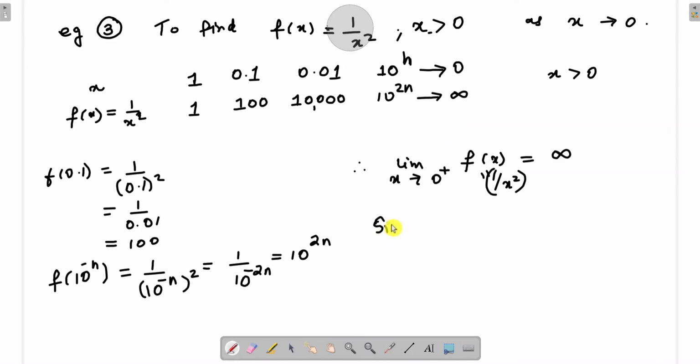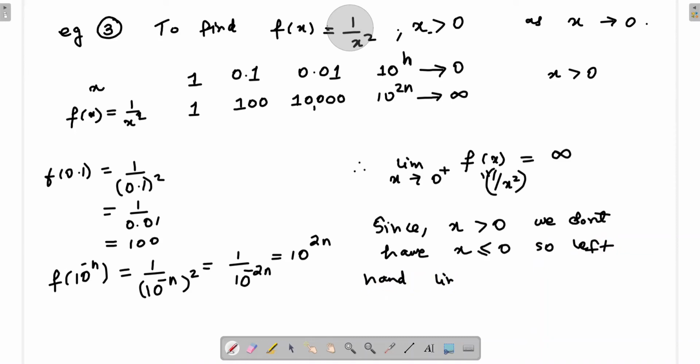So we have to write here, since x is greater than 0, we don't have x less than or equal to 0. So there is no left hand limit.